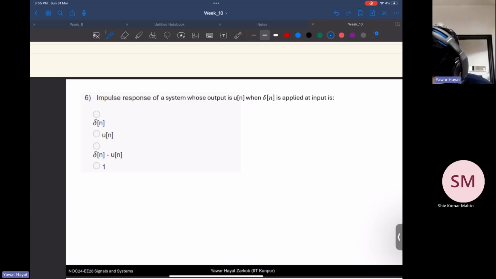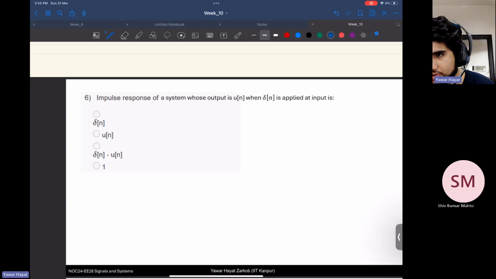So you need to find the impulse response of a system whose output is u of n when del of n is applied at the input. So this is clear, a simple problem.